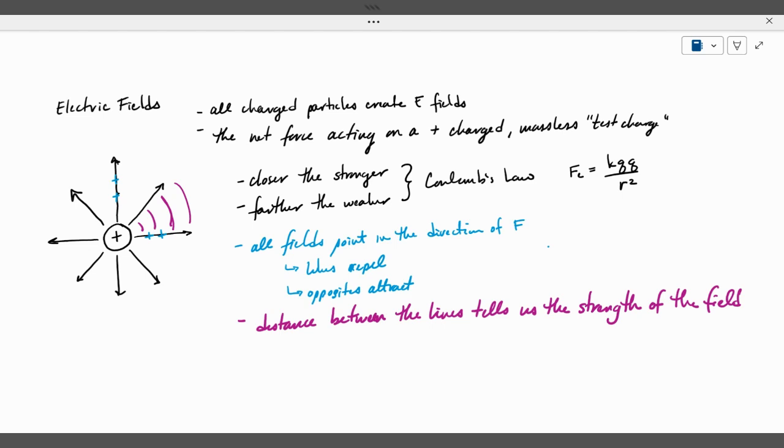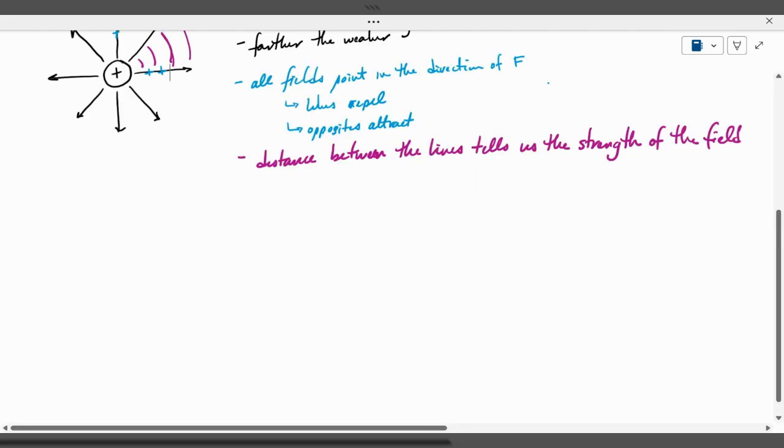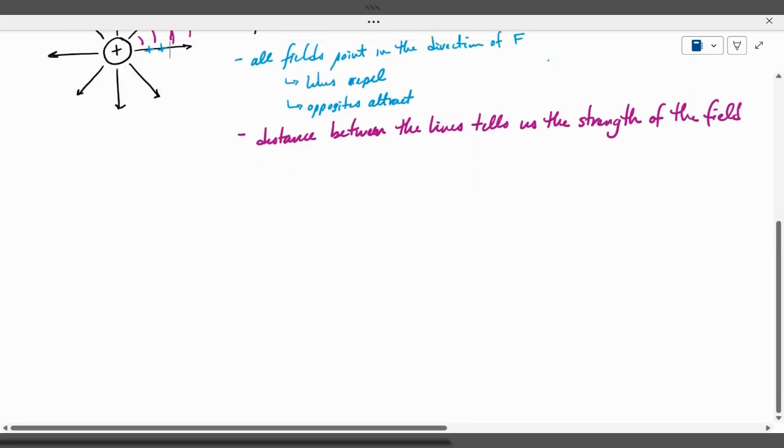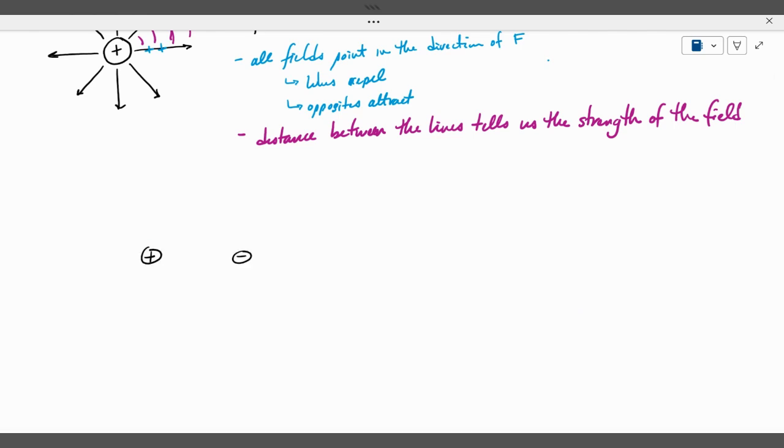Now let's apply it to a few situations and see what we come up with. First basic situation: we'll have a positive and a negative charge, and we want to know what the field looks like if they interact with each other. Positive, they go away, and negative, they go towards, because it would attract. But they're going to interact with each other.